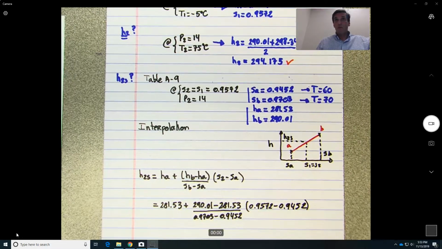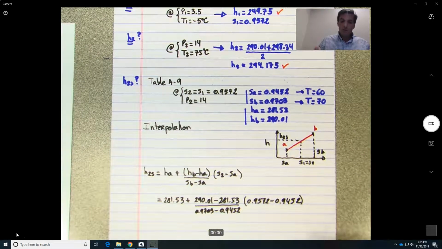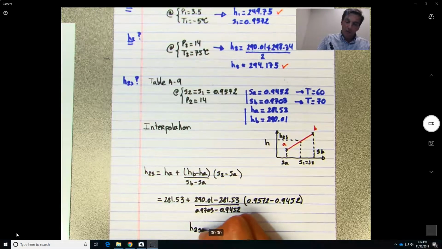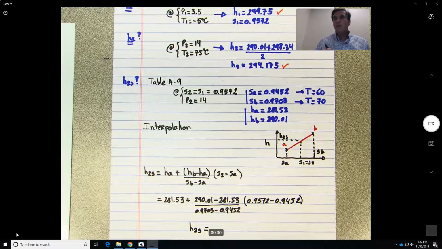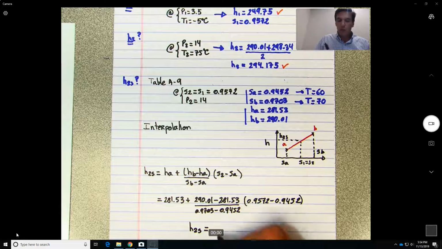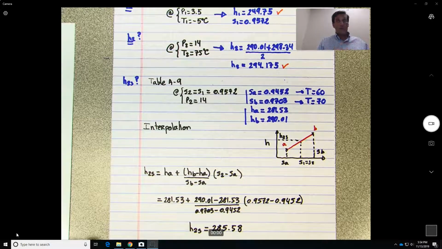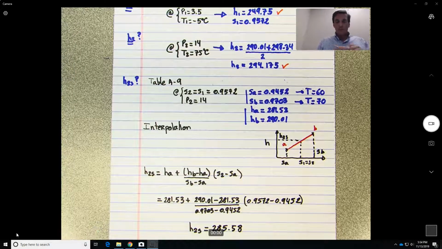If you plug the numbers, H2S will be equal to 285.58. So this will be the third value that we need.